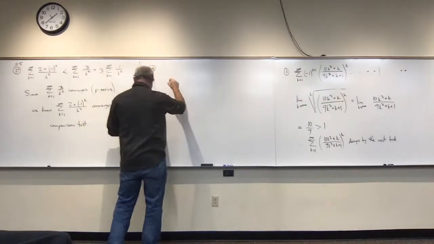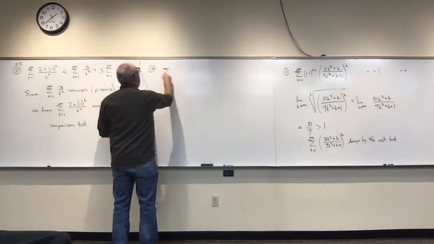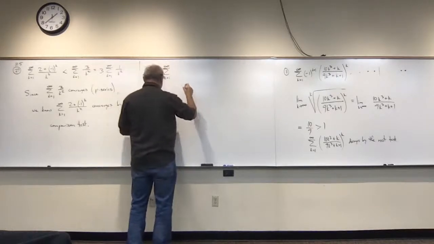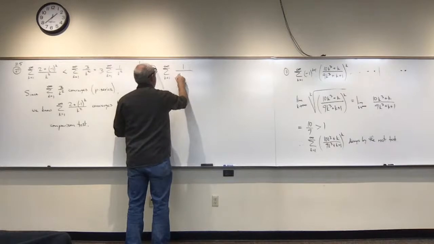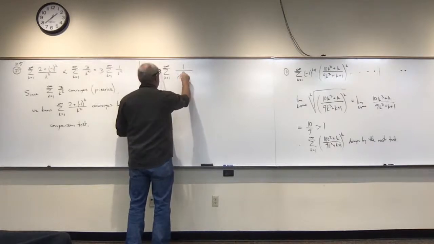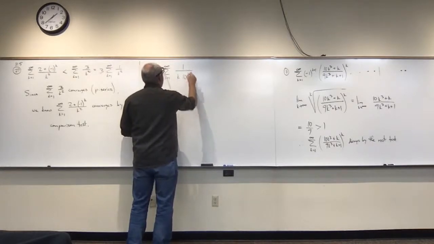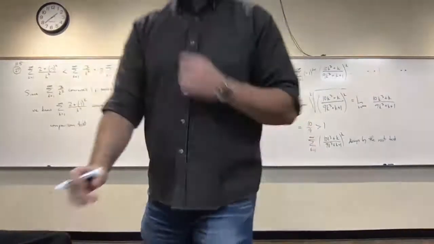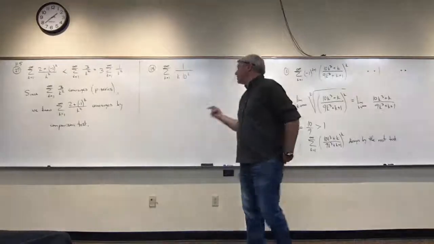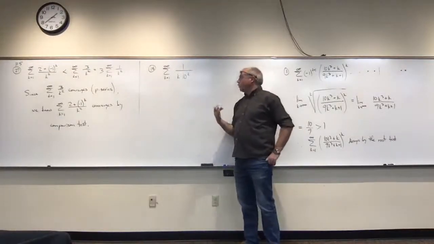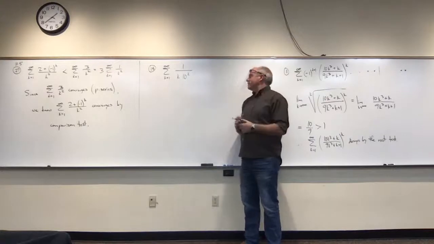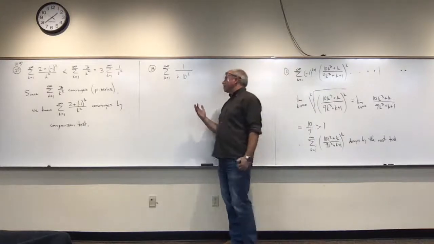We have the sum from k equals 1 to infinity of 1 over k times 10 to the k. One of the greatest things you can get a feel for when doing these problems is what exactly is the tipping point where things start to converge.